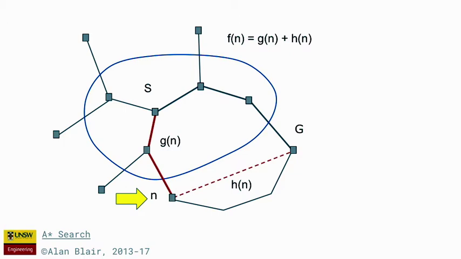Since this is the thing we ultimately want to minimize, it makes sense to choose the next node for expansion based on the sum f of n equals g of n plus h of n, and this is exactly what A* search does.